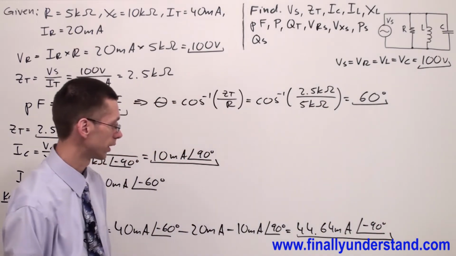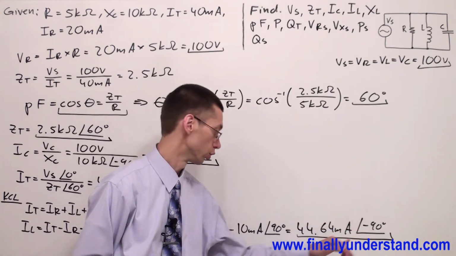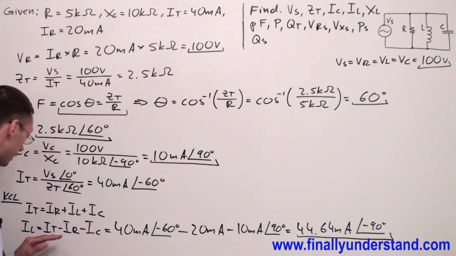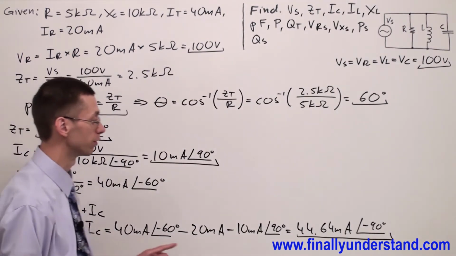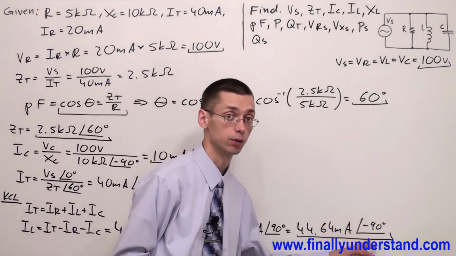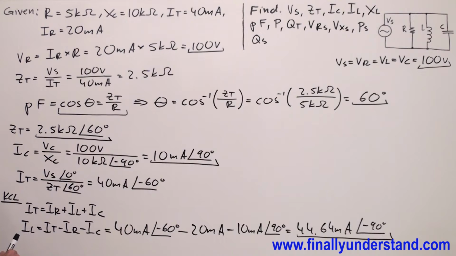So if you get an angle of negative 90 degrees, it means that your calculations are okay, because IL is supposed to be with an angle of negative 90 degrees. Okay, so I found IL.